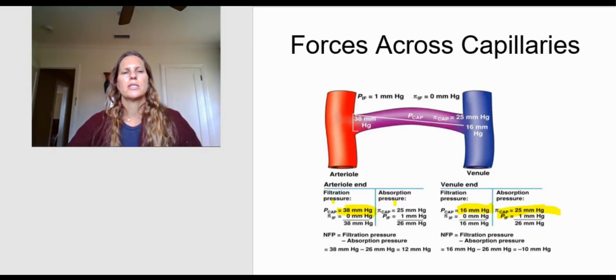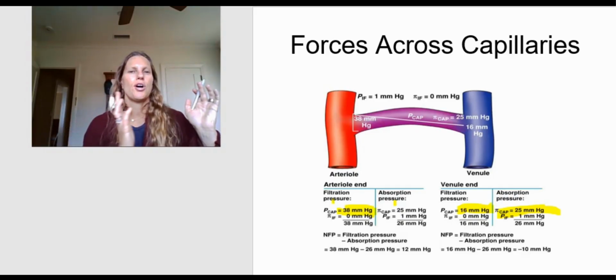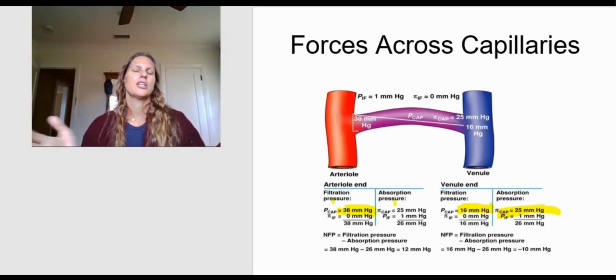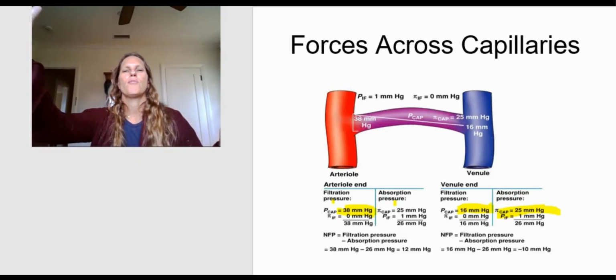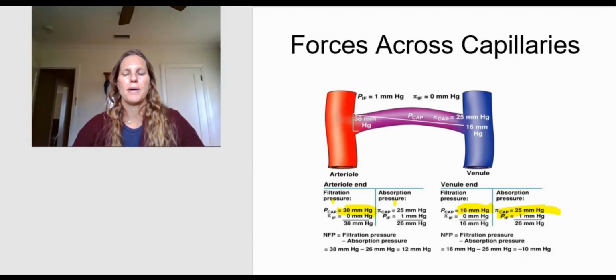Hydrostatic forces favor filtration. Osmotic pressure favors reabsorption. Our hydrostatic forces are higher on the arterial end and lower on the venous end. Our osmotic pressure stays constant, but because of the hydrostatic pressure going down, the protein, the non-penetrating solutes, are going to pull the water right back in again.